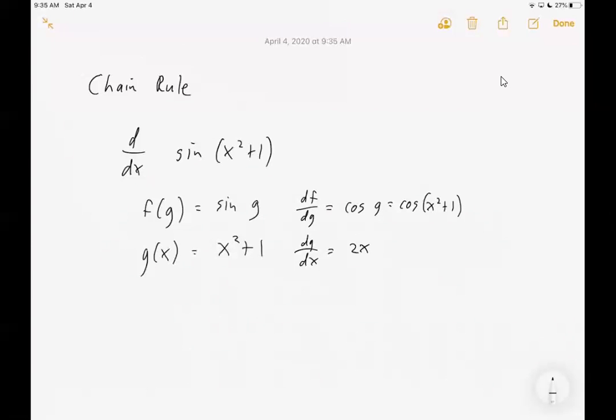And then the key was the idea if I take df dg times dg dx, we should end up with df dx. So underneath, we link together the g's, and that gives us the rate at which f is changing with respect to x.